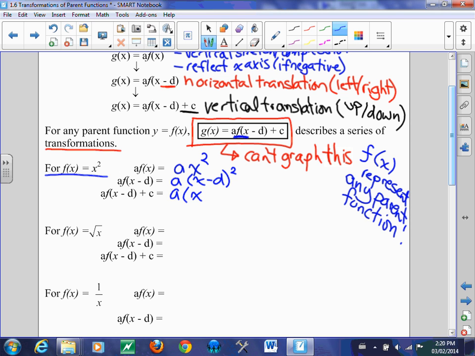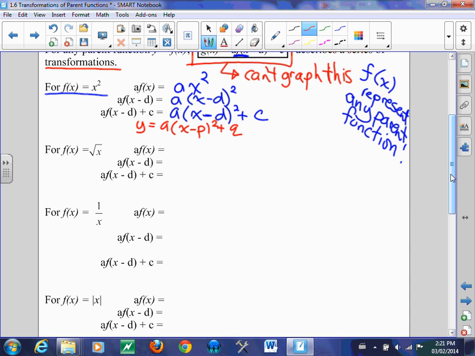And depends on what parent function you have to make the order look different. That you should recognize, ladies and gentlemen, it's very close to your old quadratic. So if I write down below y equals a, x minus p squared plus q, you should recognize that that's in vertex form. Okay? But we're just going to be dealing with d's and c's instead of p's and q's. All right? Because p's and q's are very specific to just the quadratic.